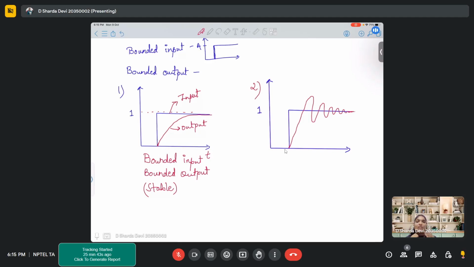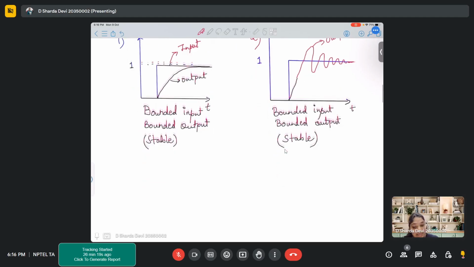That means your oscillation amplitude is reducing. So if we look at a steady state condition again, what will happen? Your output is again stabilizing, right? It will attain a single value and it will become stable. So here also your system is a bounded input, bounded output system, which means your system is again stable.